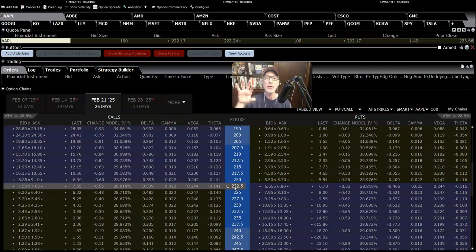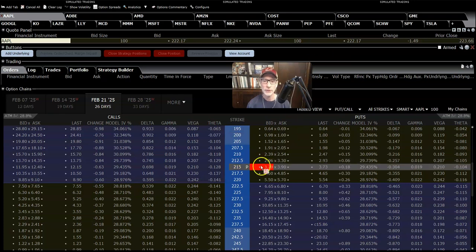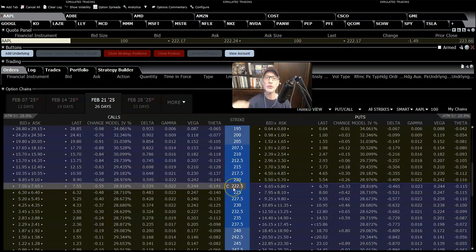Now, versus if you bought 100 shares of Apple stock at $222.17, that would cost you $22,217. So it's over $22,000 you're going to pay to control 100 shares of Apple, versus if you buy the call option, it only costs you $760.